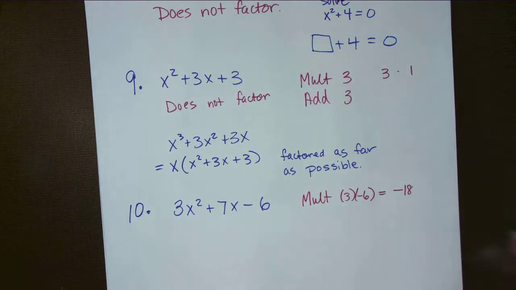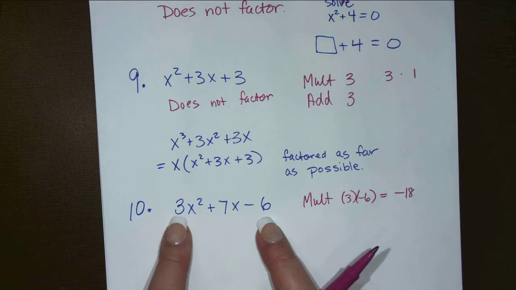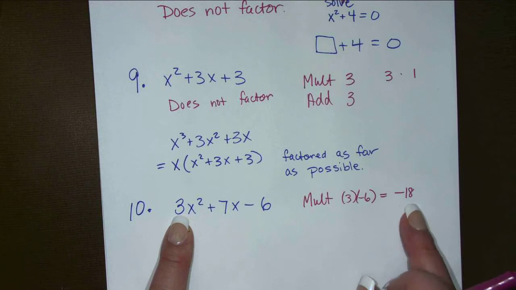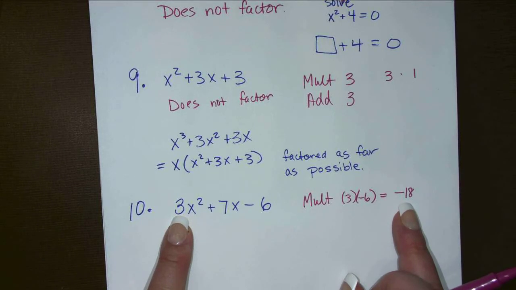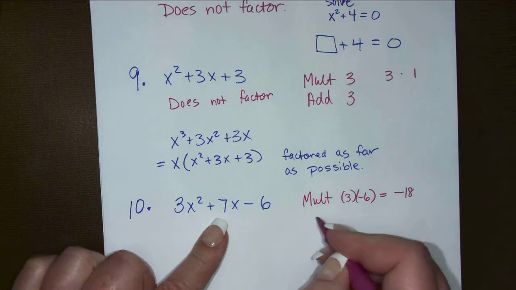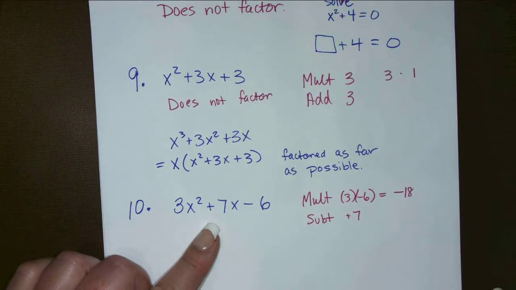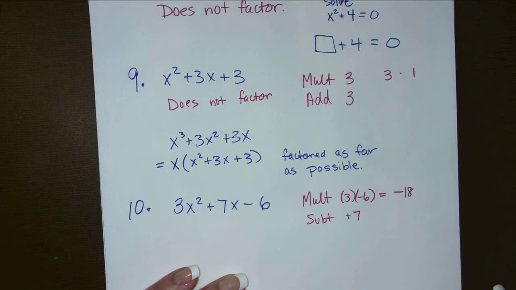So we need two numbers that multiply, and I got those here, 3 and -6. Multiply the first and the last. That gives -18. It's a negative, so we want to subtract to give positive 7. All right, so we need to think about what multiplies to give 18. 2 and 9, does that subtract to give 7?